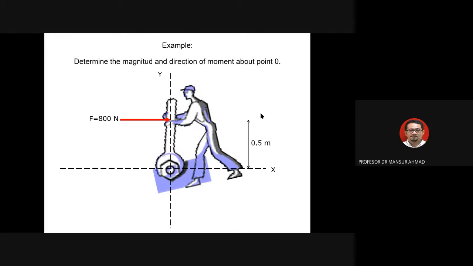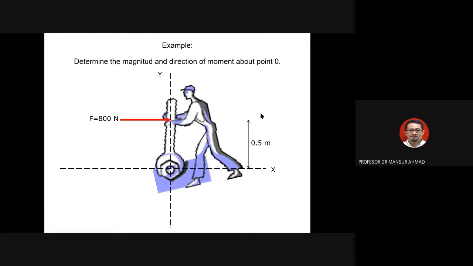Yes. Okay. You can say this as clockwise, negative moment, or tightening up the bolt. Or another way around, if you have positive moment, it is anti-clockwise and loosening up the bolt. Okay?